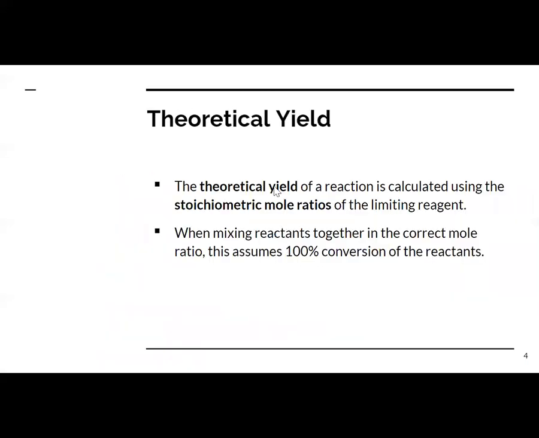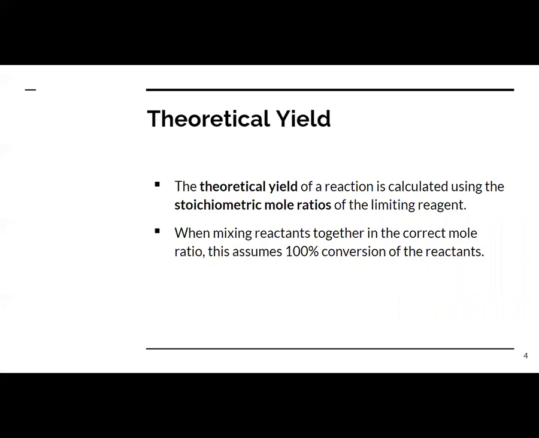So the theoretical yield is, mathematically speaking, if I add this and this, then I should get this. So you get a 100% conversion rate of the reactants into the product.